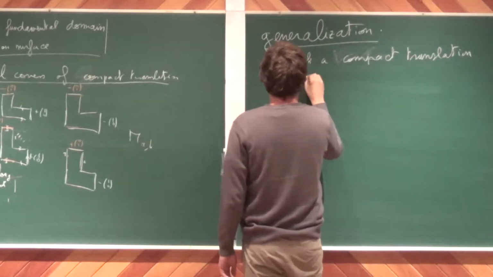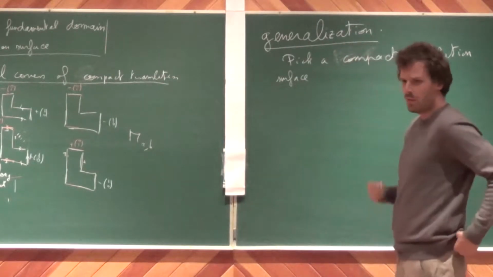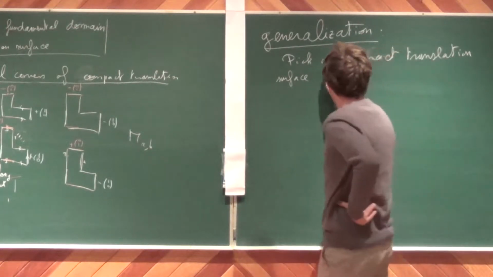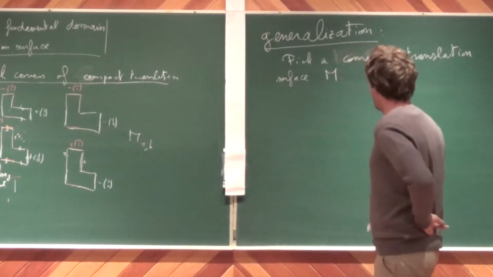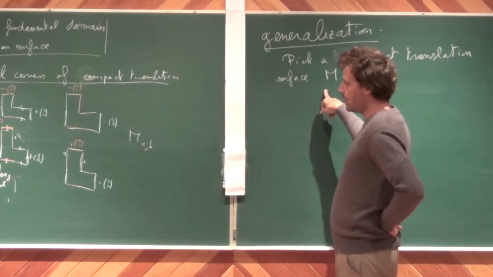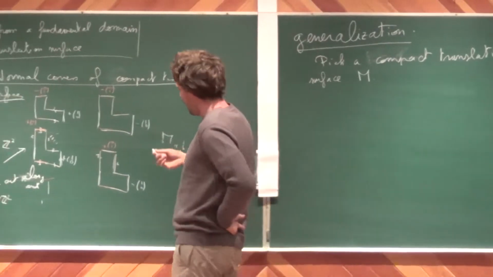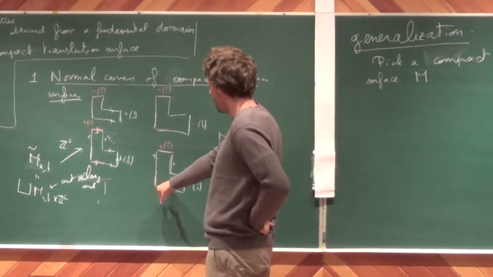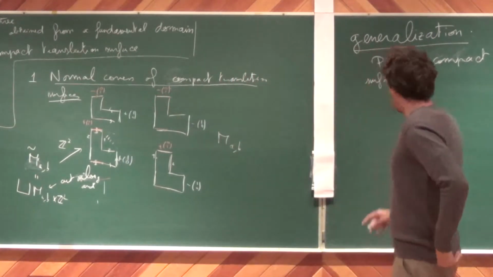And as you know, the covers of this, let's call it M, the covers of this surface are parameterized by the fundamental group of M. But here, we want to allow branching over the singularities.